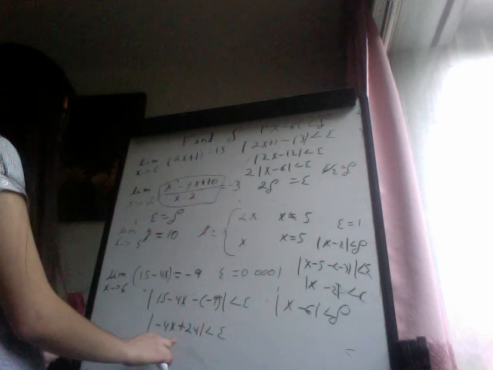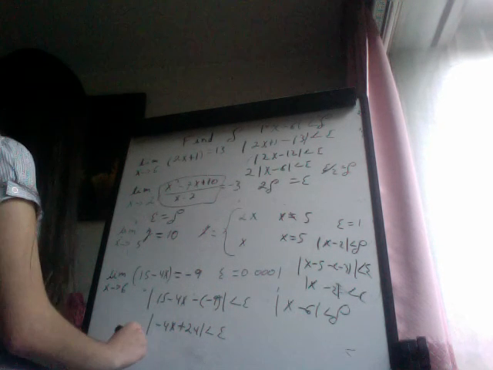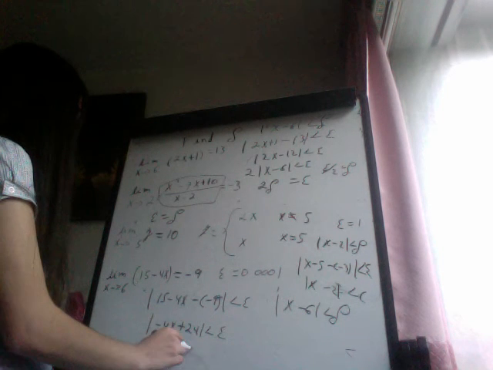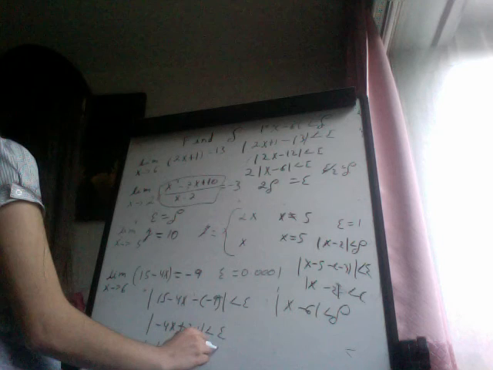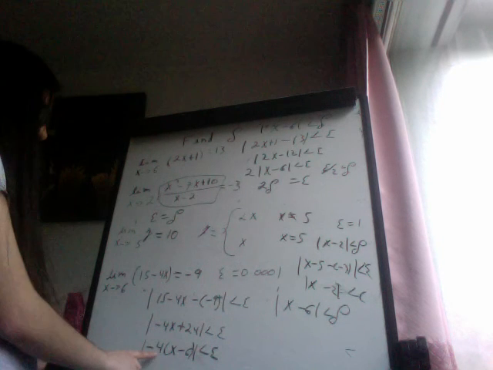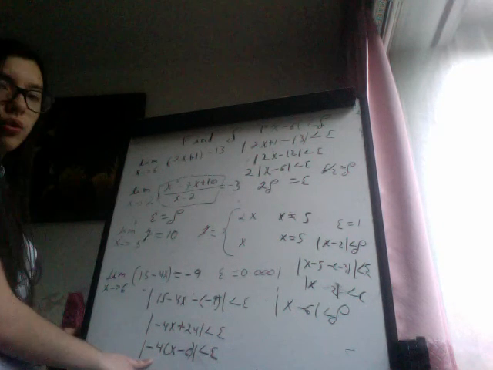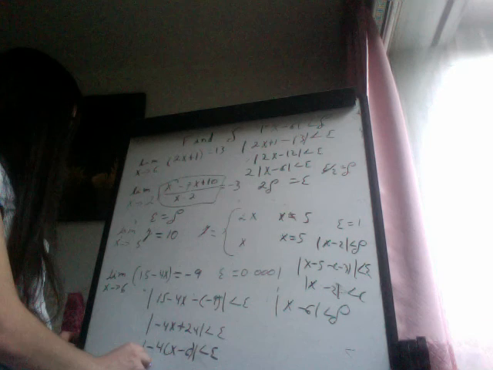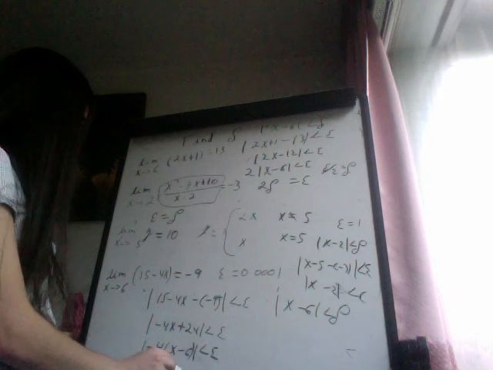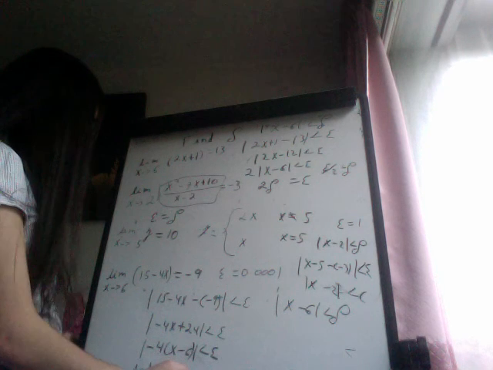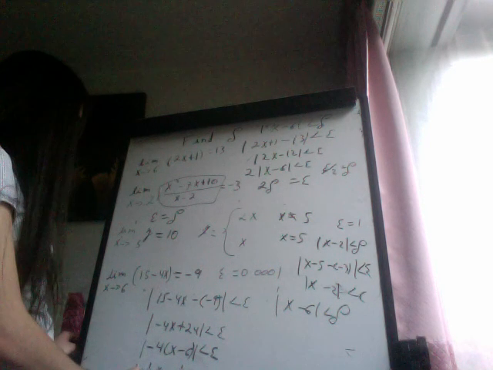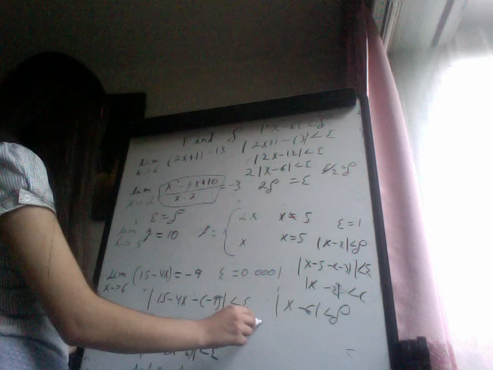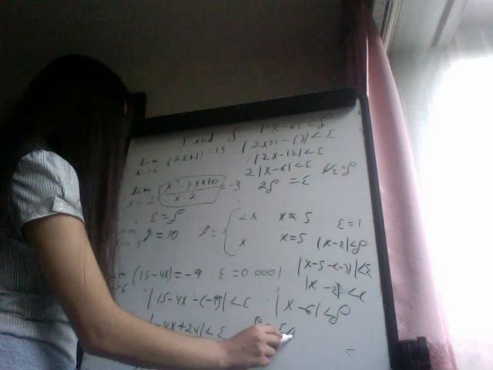We can factorize first, and we have the absolute value of negative 4 times x minus 6 is less than epsilon. Now we can take out the negative 4 from the absolute value, and we will have 4 times the absolute value of x minus 6 is less than epsilon, or 4 delta is equal to epsilon, and so delta is equal to epsilon divided by 4.